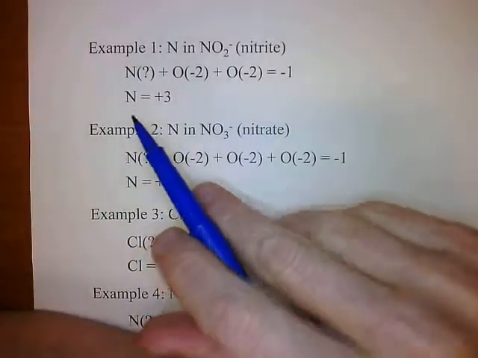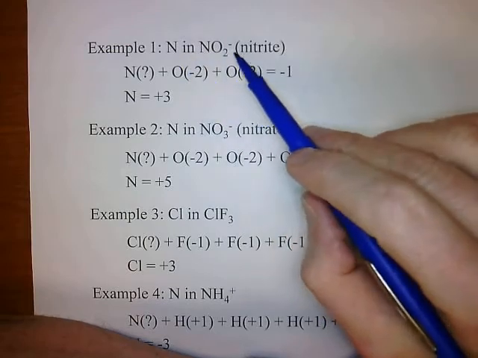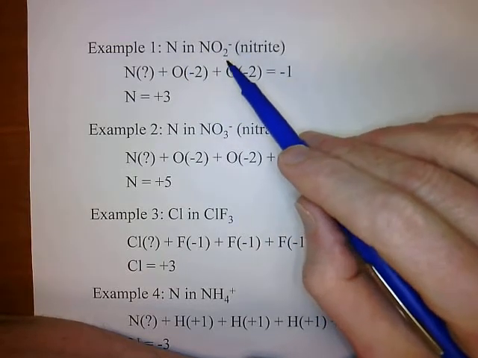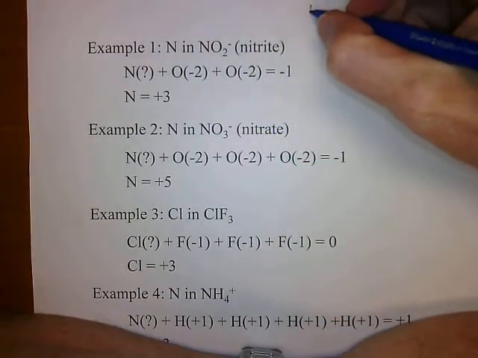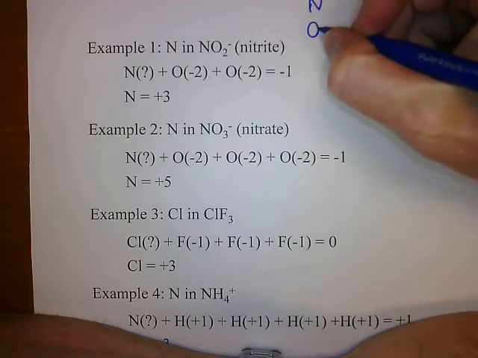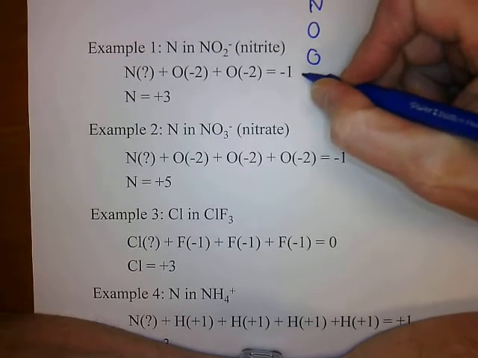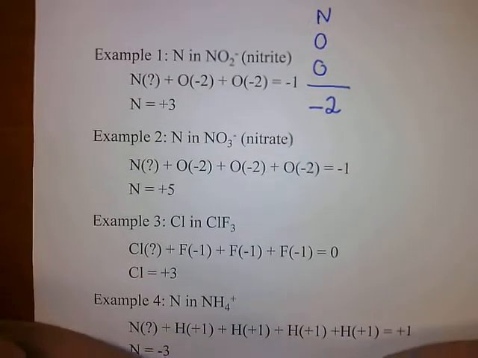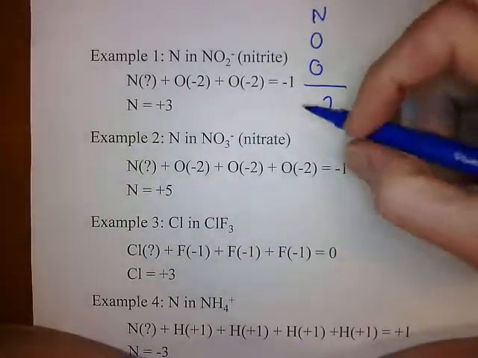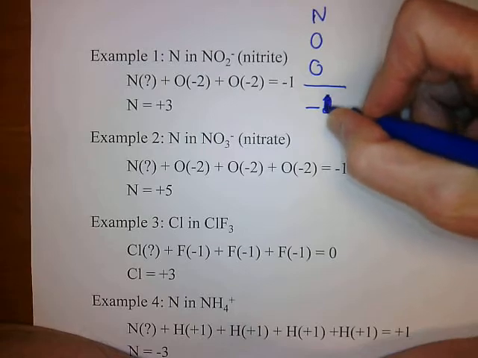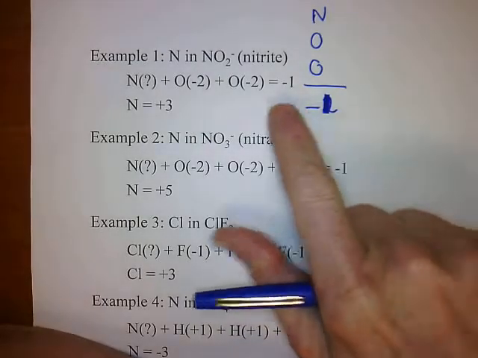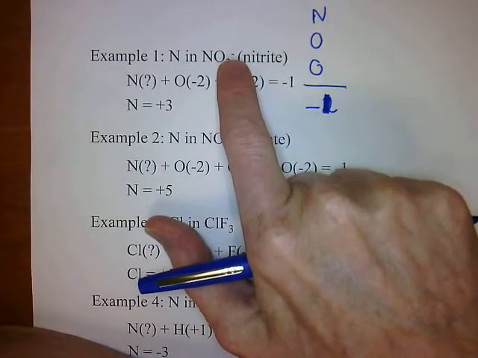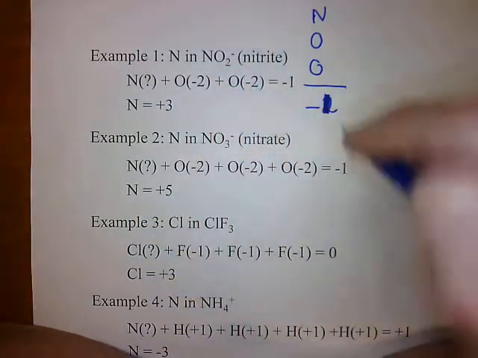Let's look at nitrogen in nitrite. Nitrite ion is NO2 minus. So we have a nitrogen and 2 oxygens. And we know the oxidation numbers have to add up to minus 1, not minus 2, minus 1, because it's an NO2 minus, a minus 1 ion.